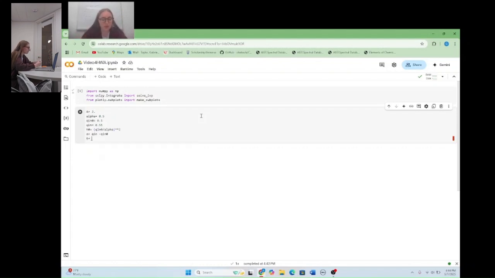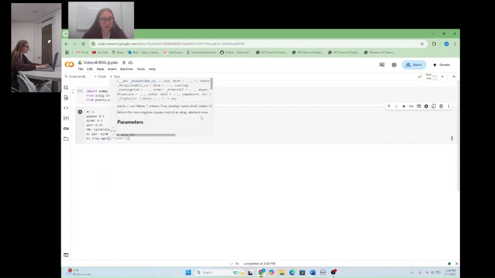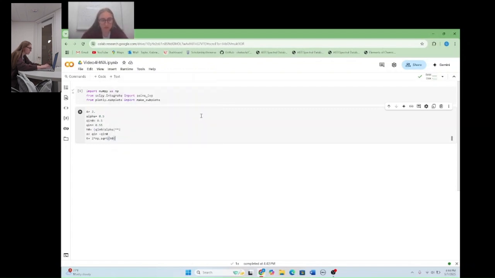So K, we know that K was 2 times np.sqrt of H naught divided by alpha. And then our tau is equal to our K times our a.